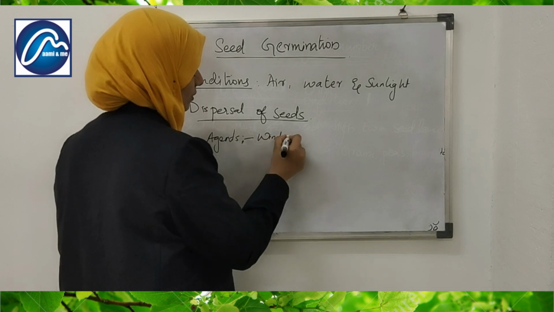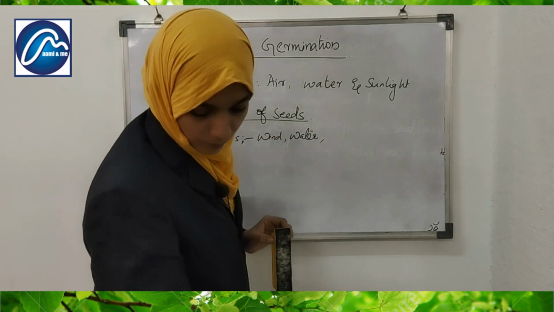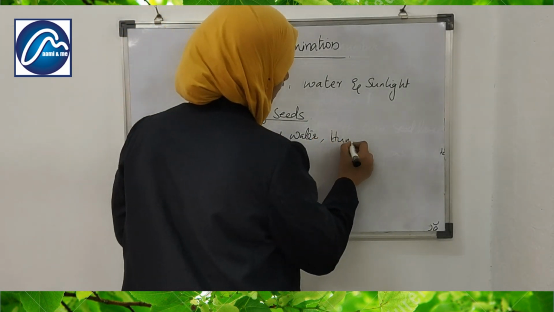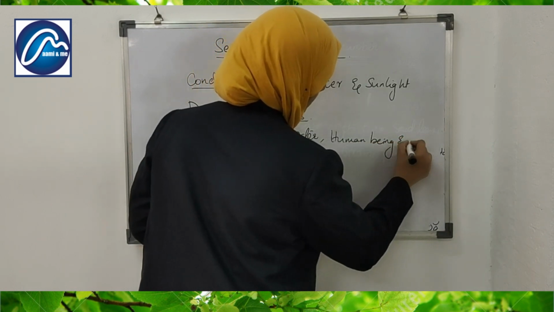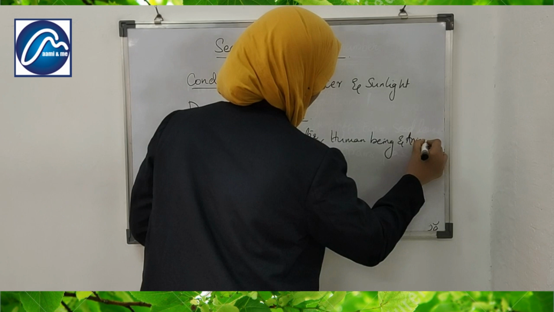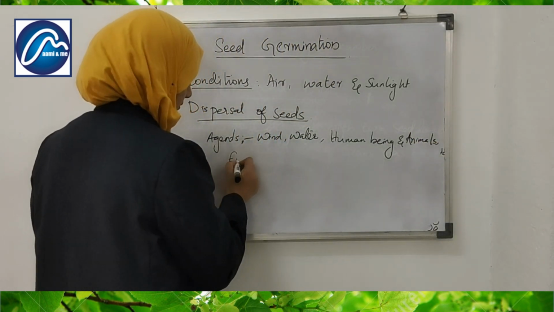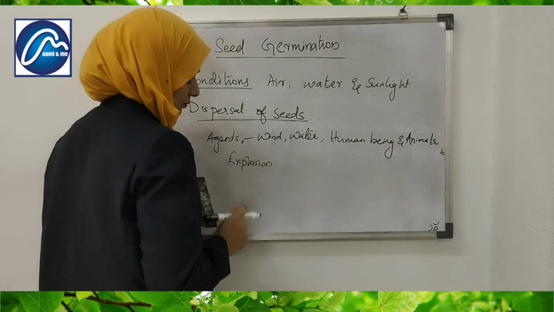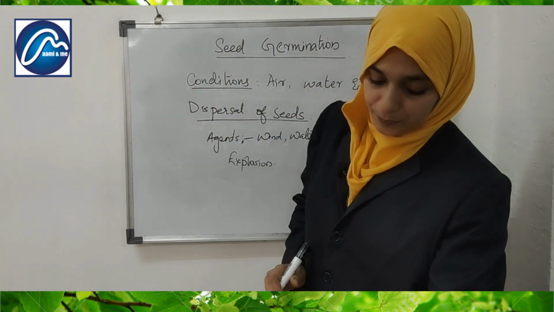Wind, water, human beings and animals, explosion, these are the main agents of dispersal.